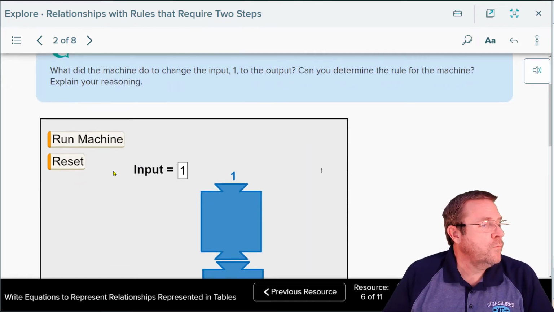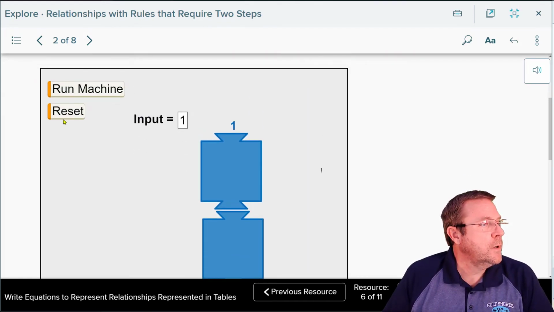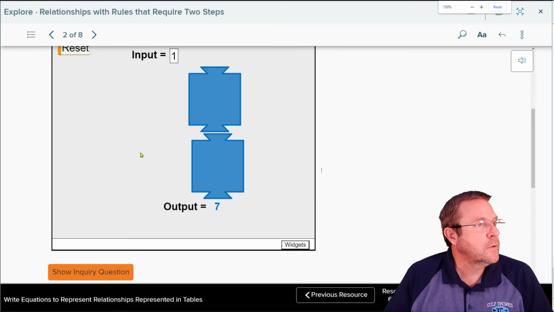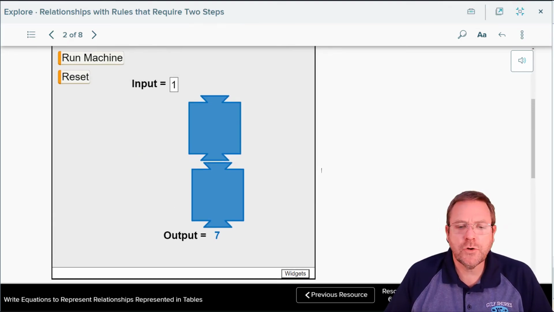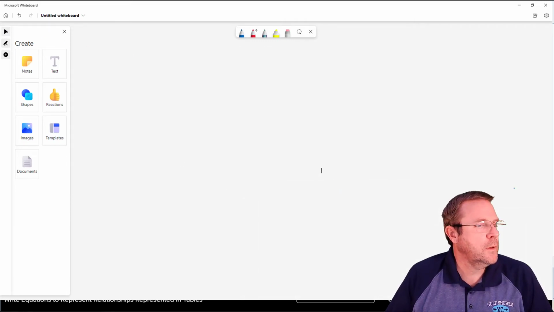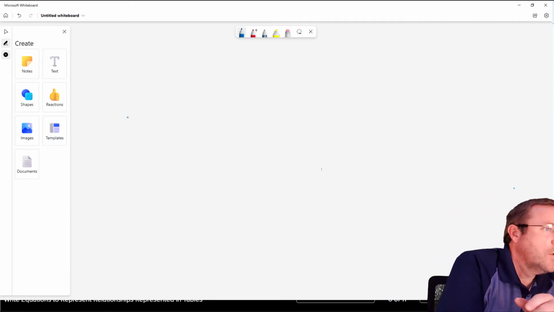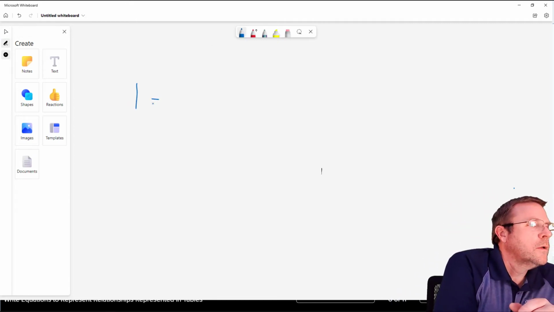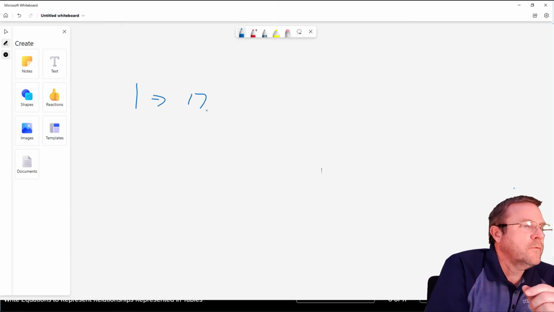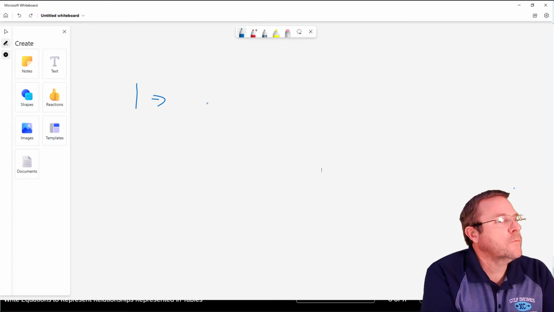So they start off with 1, and when they put it in with the machine, they hit the run value, and what is it going to give us? Well, 7. So we know we probably ought to start making a chart of these so we have an idea of what's going on. So we're going to get some clean real estate here, and from here I'm going to say that 1 not equal to, but 1 became 7.